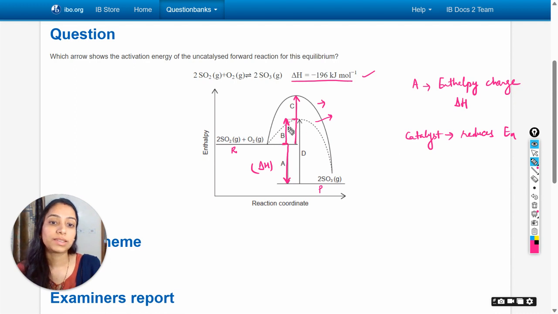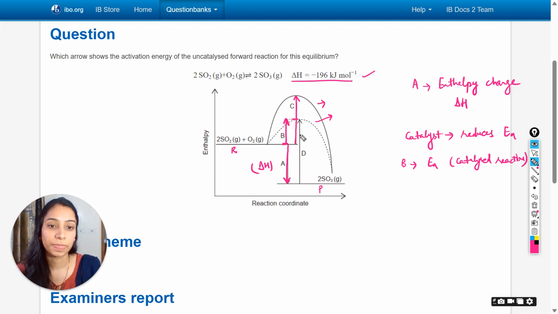So B shows the activation energy when there is a catalyst present, or we can say the catalyzed reaction. C is the activation energy when there is no catalyst, and B is the activation energy for the reaction when there is a catalyst present.